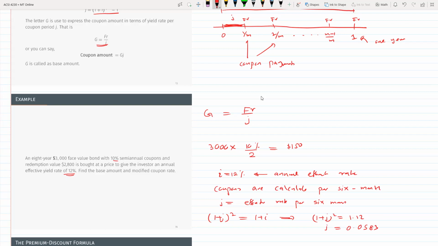So now if I use that in here, what's the base amount? I will get close to 2,572.87. So that's the base amount.